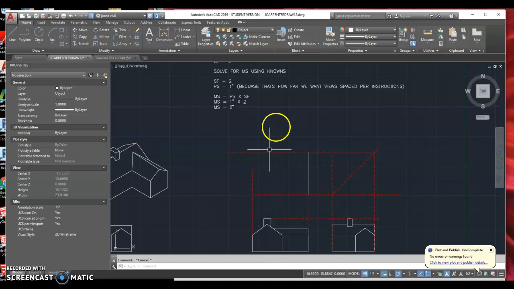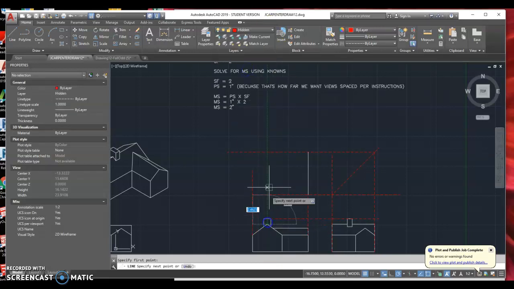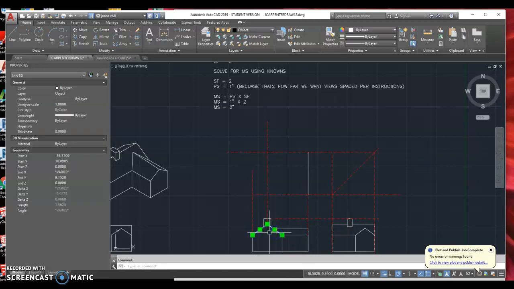So I can draw my projector up for that ridge line, and then I can look at this view and I go, well, this is the ridge that we're talking about, right? This is this whole ridge right here. This is the line, and the chimney interrupts it, but that is the line. So that is the total length of that ridge.